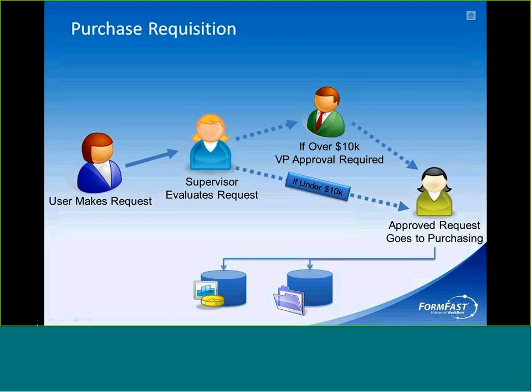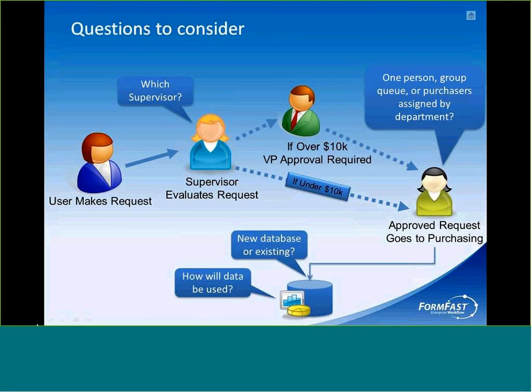So, questions that we want to ask around the process, so that's how you were doing it maybe in the paper process. The questions you want to ask are, which advisor are we doing this to? How do you know? How can we figure that out? When we go to purchase, what's our process in purchasing?